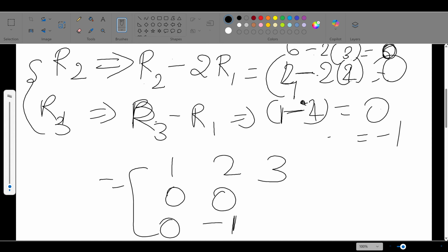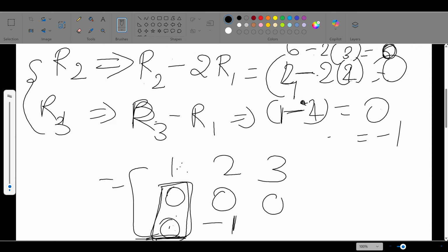First, the priority is to make the first row elements zeros.